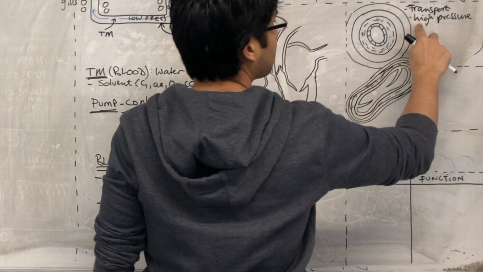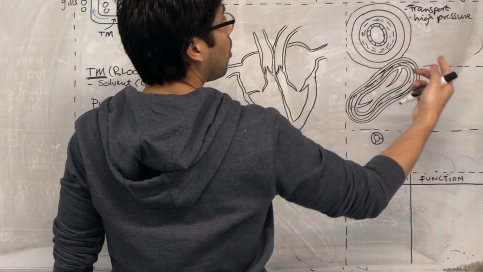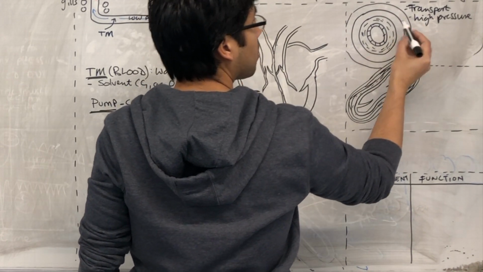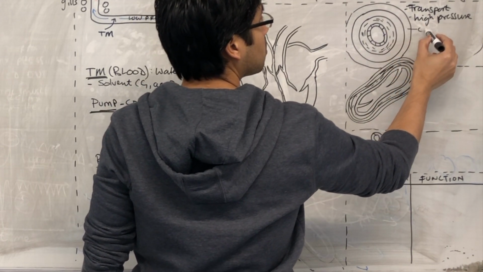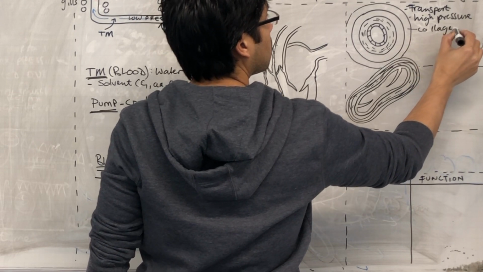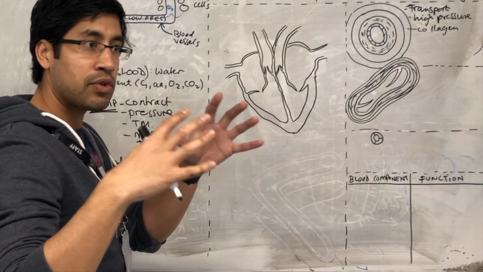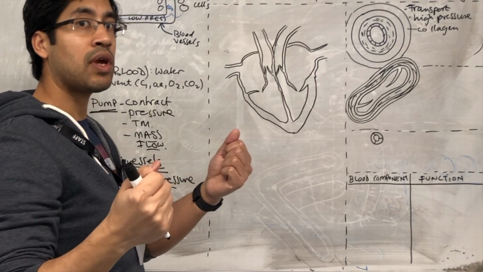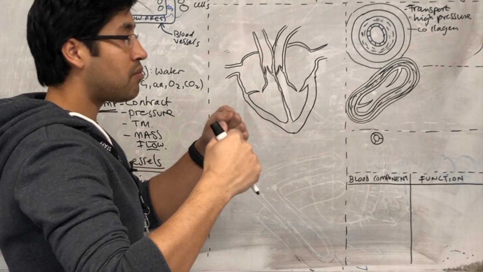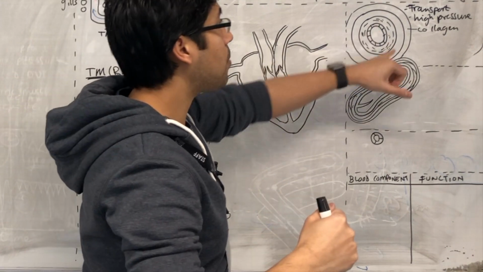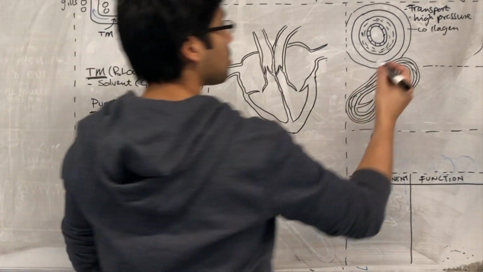Because of that, it's got a thick layer of collagen, because collagen has a high tensile strength. It allows that blood vessel to withstand the pressure.